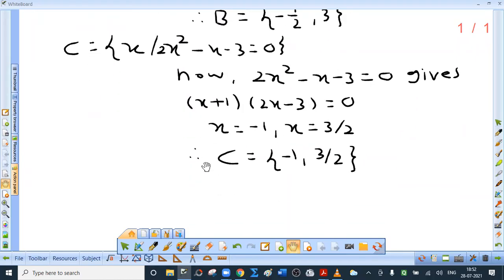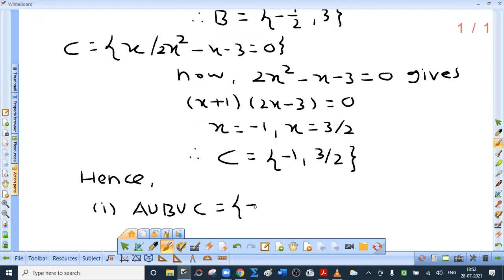Yes, what is asked? So A union B union C. So one element is to be written once. Actually, it is better if we mention all the sets and then find their union.